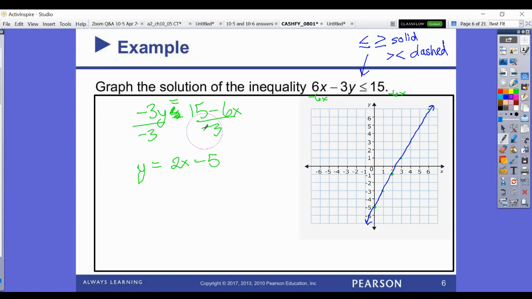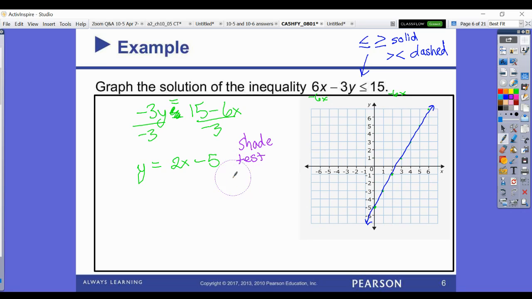So in order to shade this graph, we need to test some points. Either the solution is on this bottom right half or it's on the top left half. And once I know one point, I know that all of these would be true because I'm either on one side or the other of the line, as long as your line is graphed correctly. So in order to do that, we can pick a test point.